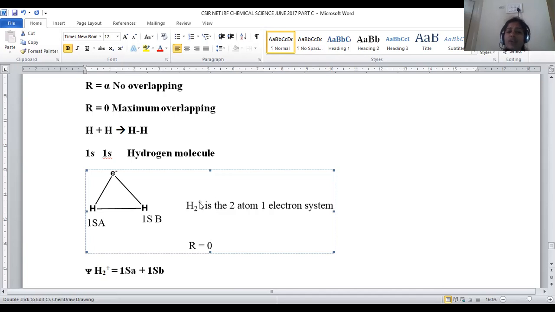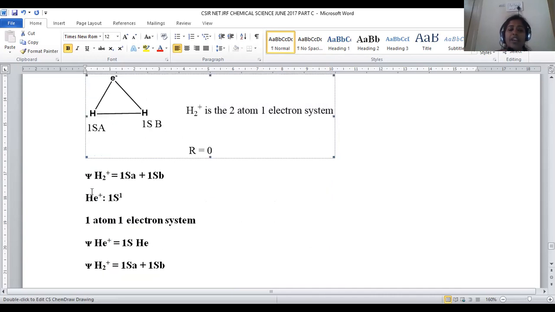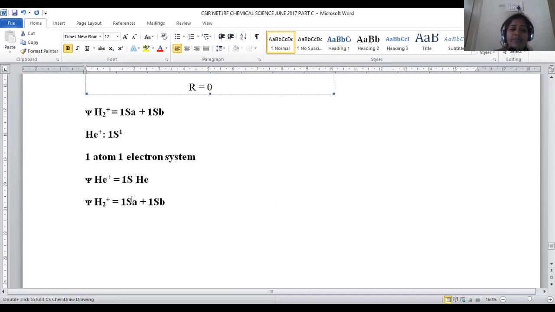Its electronic configuration is 1s1 itself. When we are taking H2 positive, only one electron is there in its molecular orbital. So it is denoted with such a kind of bridge. Two hydrogens are joined by only one electron in this manner, a one electron system it is. If we apply quantum mechanics for this one, psi of H2 positive is equal to 1sA plus 1sB. Two atomic orbitals are combining, but it is a two orbital, one electron system.